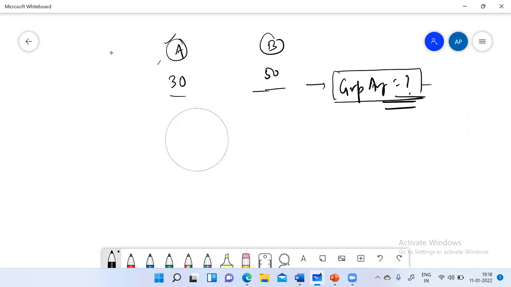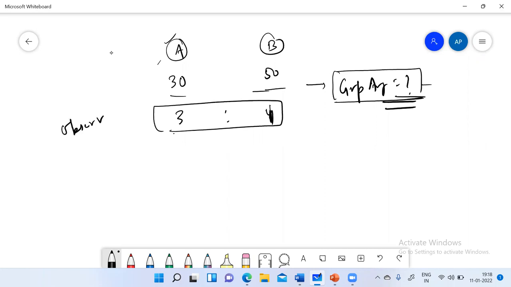Now, if I say the members, the observations, are in 3:1 ratio, where will the average tilt? Will it be closer to 30 or 50?